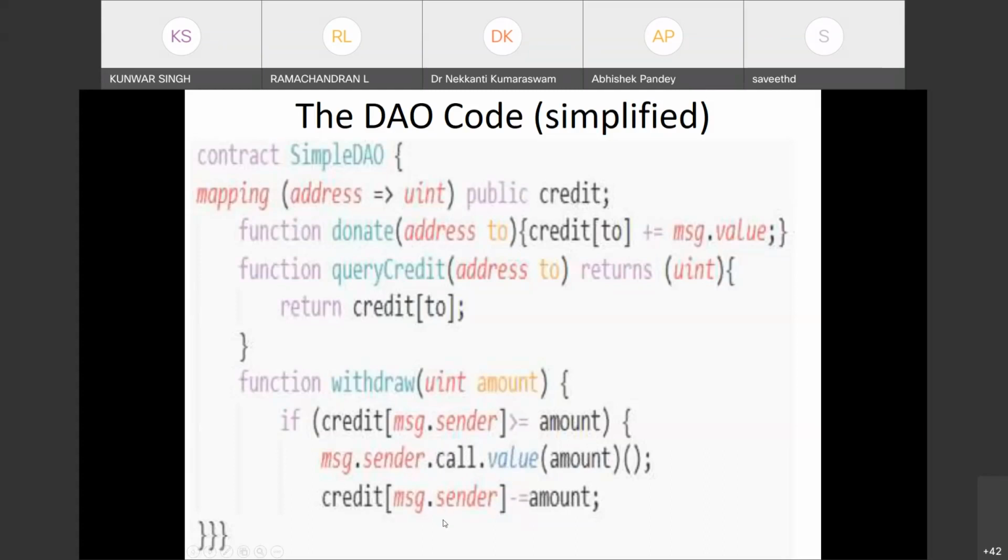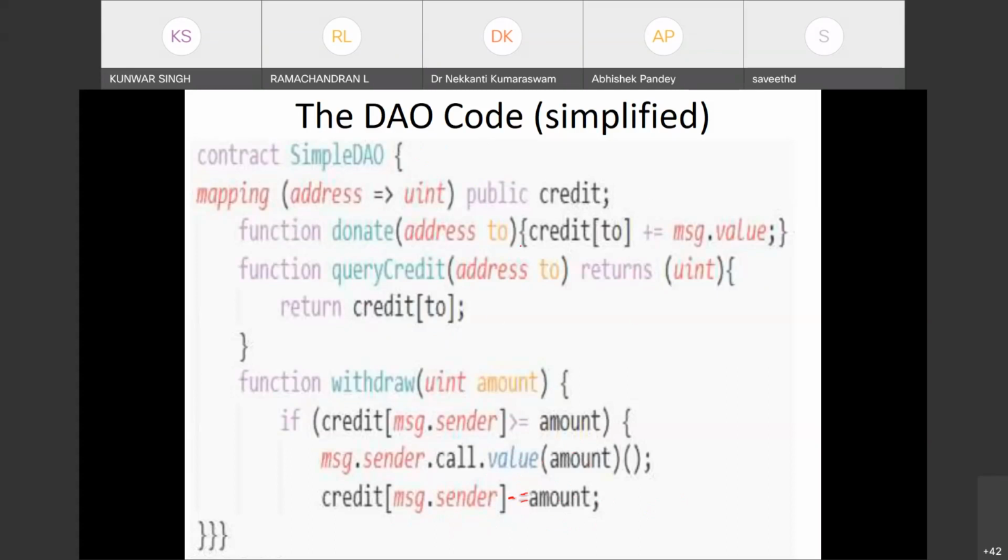After that, they will decrement the total amount. Whatever amount I have withdrawn will be subtracted with minus-equals, which may not be visible. So the credit in my address will be the total amount minus the amount I have withdrawn. So this is the DAO code in a simplified way.